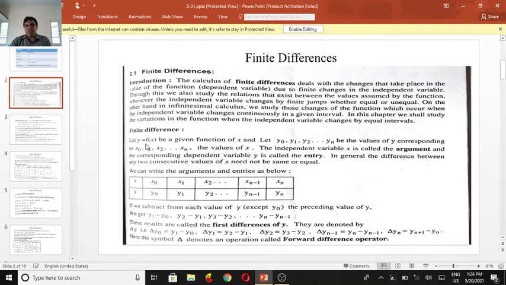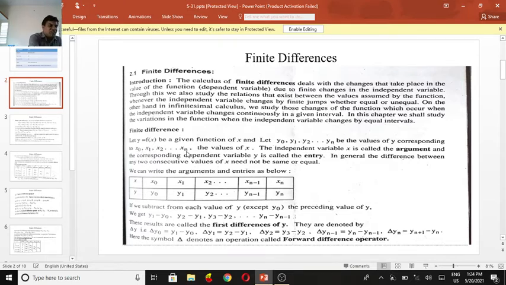Suppose y equal to f of x is a given function of x. Let y0, y1, etc., yn be the values of y corresponding to x0, x1, etc., xn.